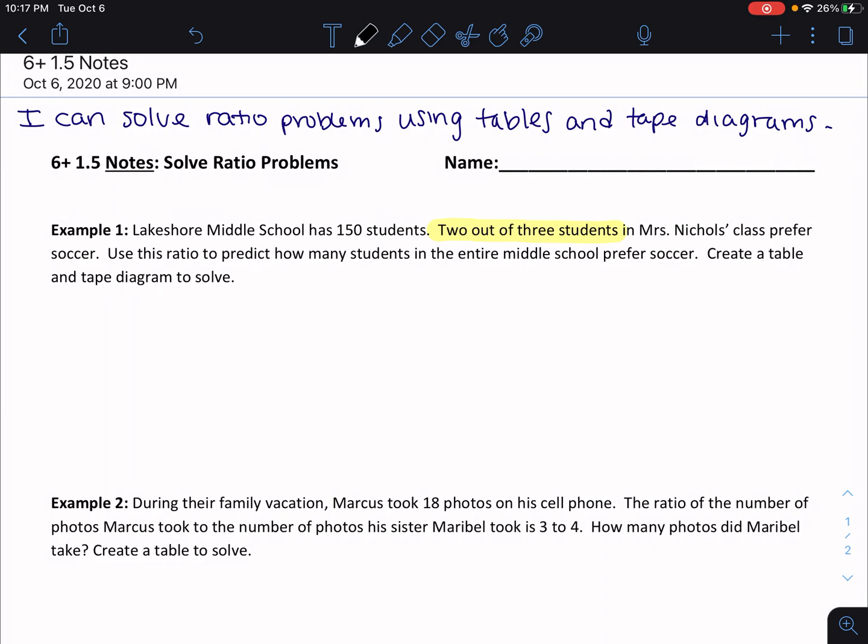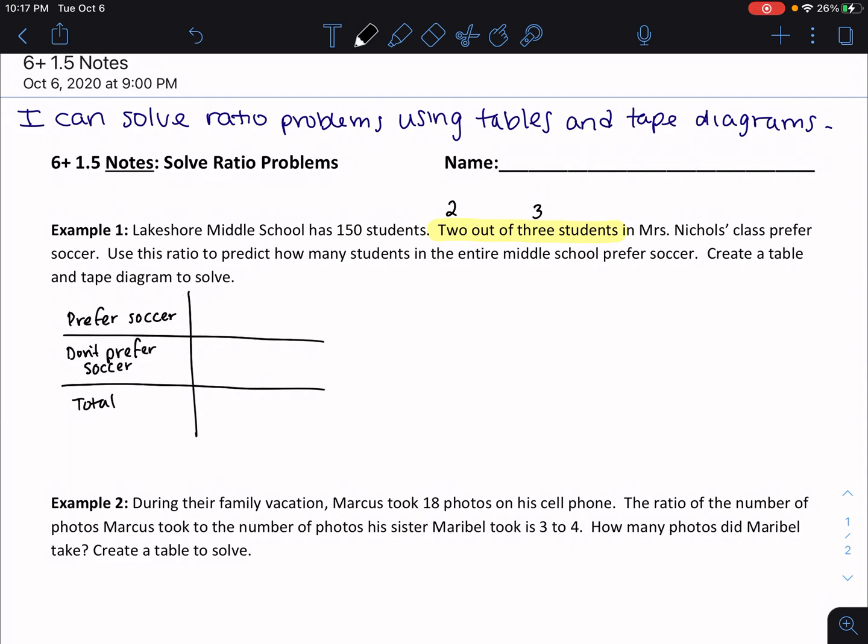So I've got 2 out of 3 here. When I create my table, I'm going to have students that prefer soccer. And then they don't tell you this, but you have students that don't prefer soccer. And then you've got the total number of students.